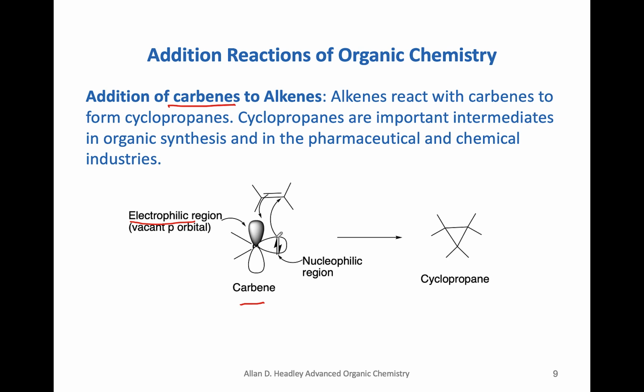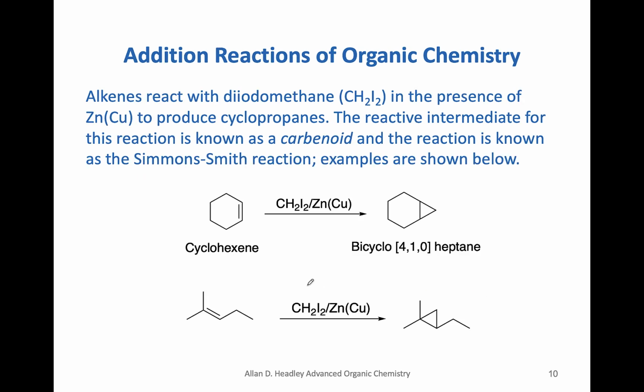So as you can see here, the electrons can form a bond here, and these form a bond here because of the nucleophilicity of this region and the electrophilicity of this region. So what's formed here is a cyclopropane. You will recall also that this is a very common reaction used in organic chemistry for forming cyclopropanes from alkenes, and that is the Simmons-Smith reaction.